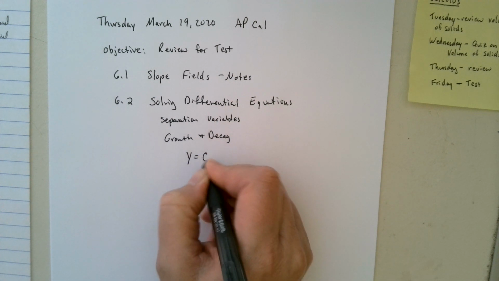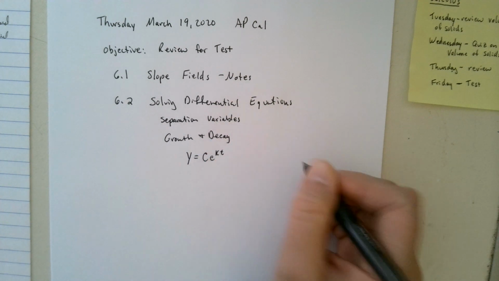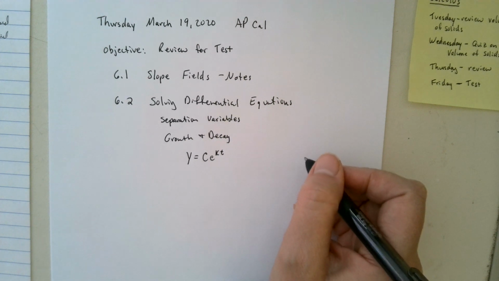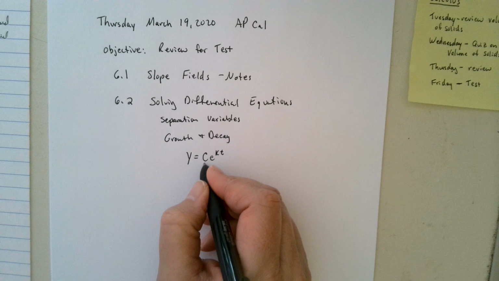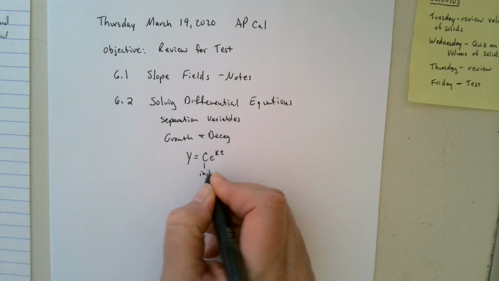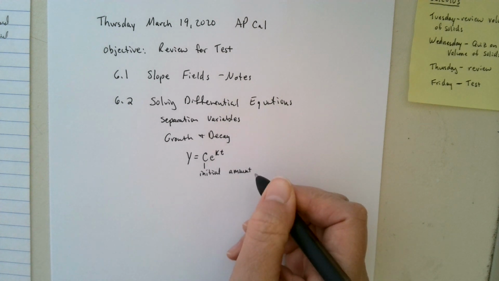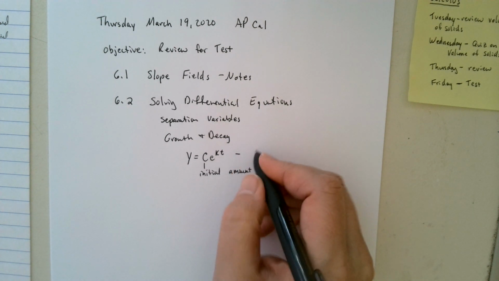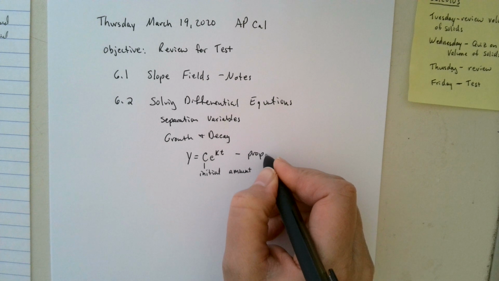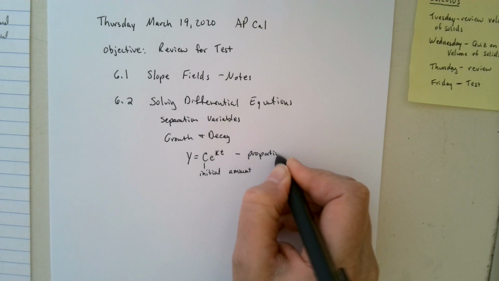And we used basically where PERT came from, the y equals ce to the kt. And remember that c is your initial amount. And that the key to using this was when it talked about it being proportional.